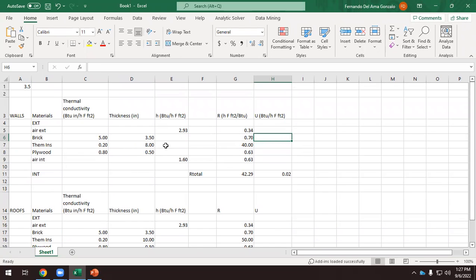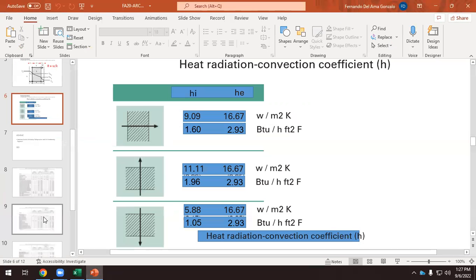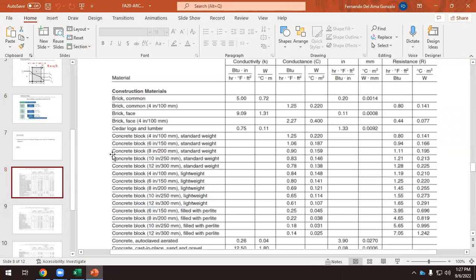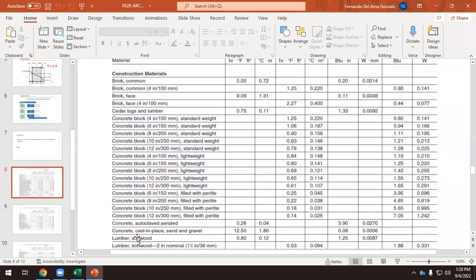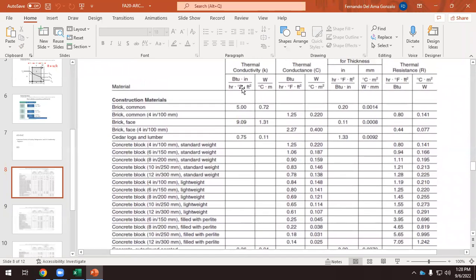So once we have this, now if I don't want brick, I want a concrete block. So when it comes to concrete blocks, I can come here, and here we have concrete blocks. You see that for the concrete block, I don't have the thermal conductivity.